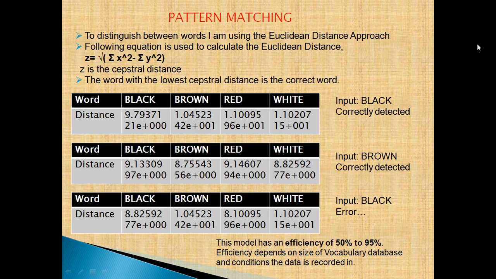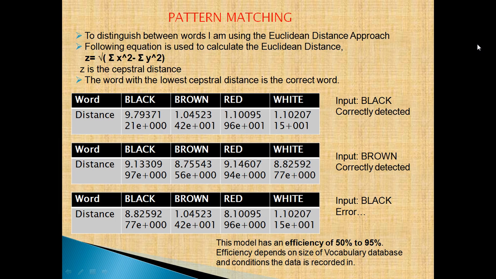Now next I'm talking about pattern matching. In pattern matching, the concept used for matching the vectors is the Euclidean distance approach. Now the extraction of feature vectors like MFCC is done, and the speech pattern now only differs in the spectral domain.